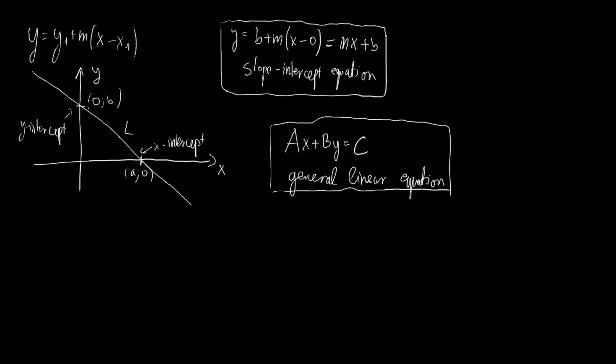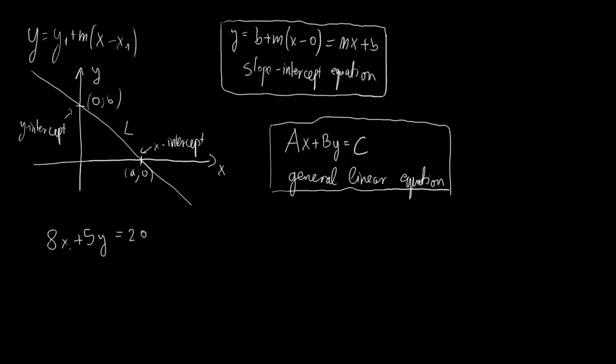Now let's see an example. Find the slope and the y-intercept of the line 8x plus 5y equals 20. To solve it, just simply solve the equation for y to put it in slope-intercept form, because then the coefficient of x is the slope.